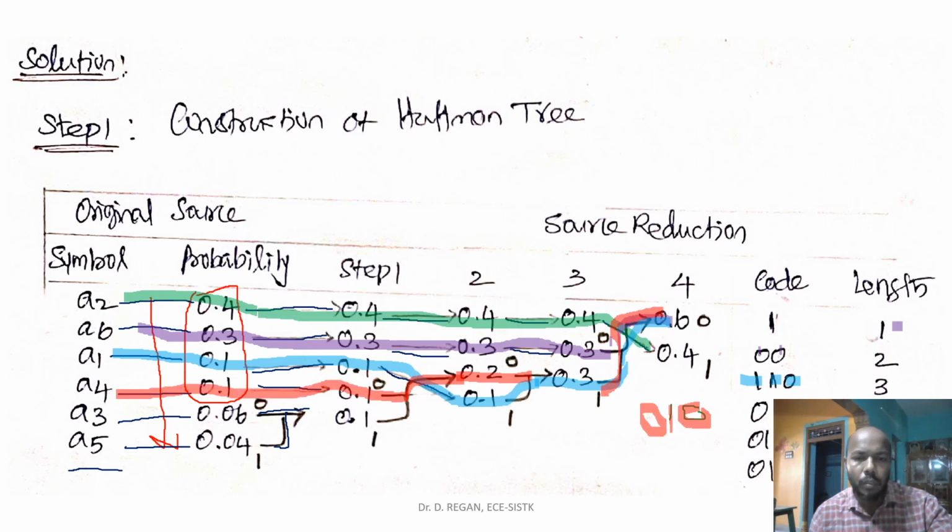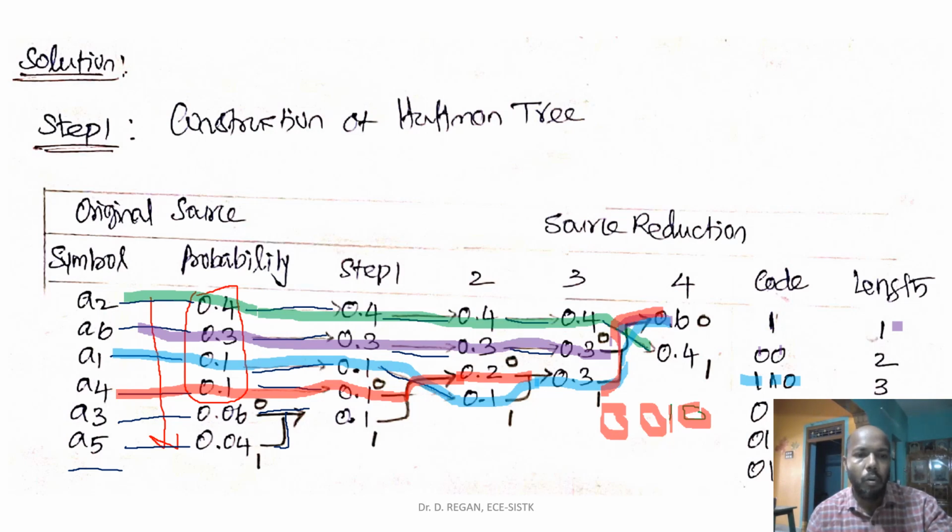So there is 1 0. So 4 binary digits are assigned. The A4 symbol has the code word 0 0 1 0, total 4 bits, so you have to write 4 as its code word length. For A2 it is 1, A6 2, A1 3, A4 4.